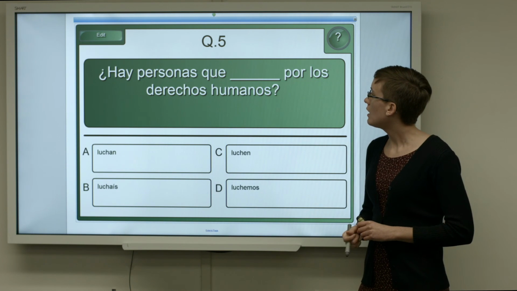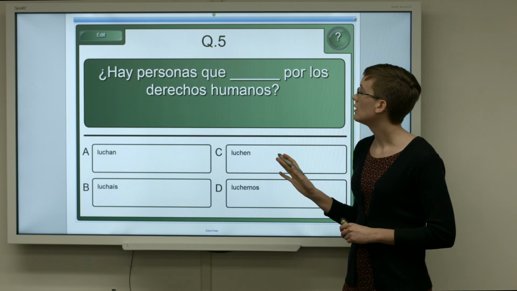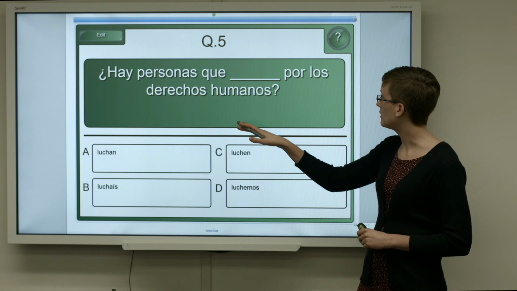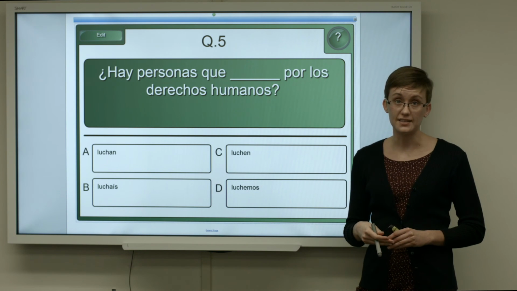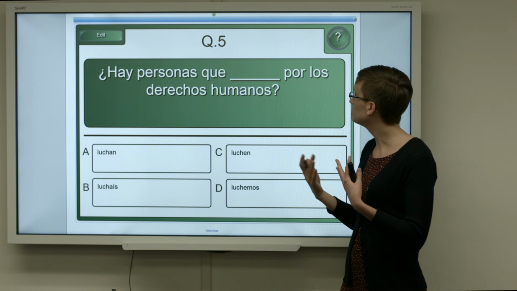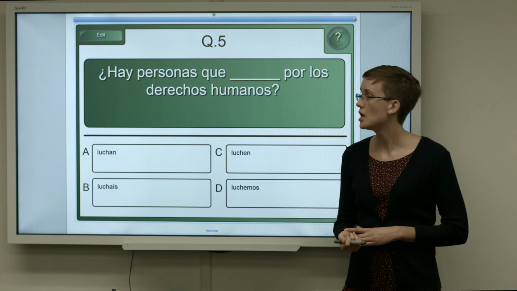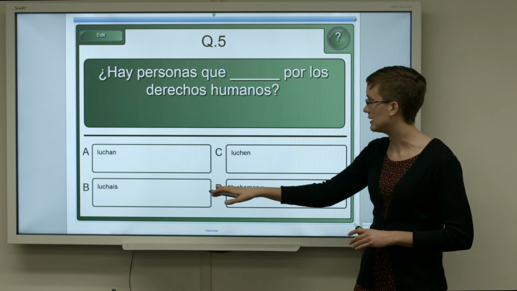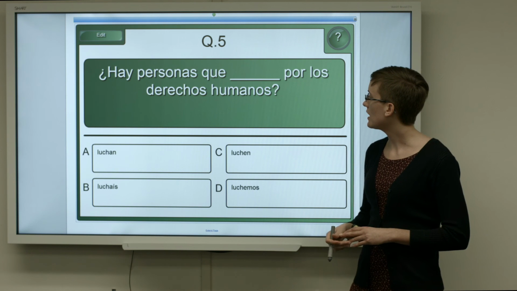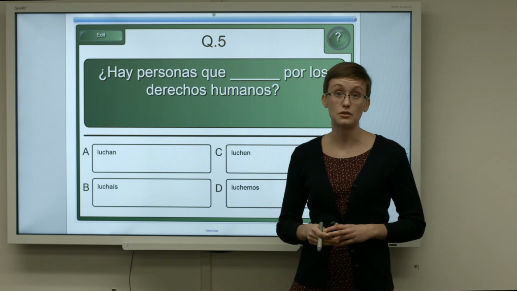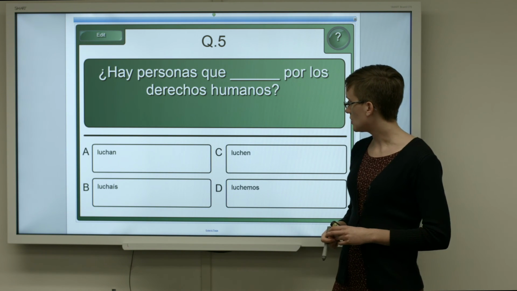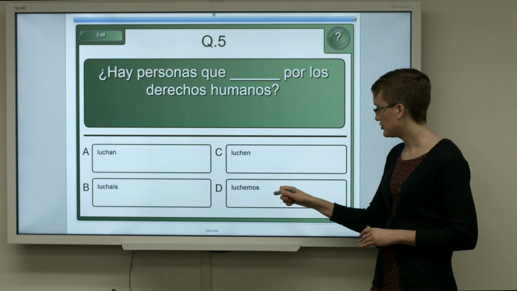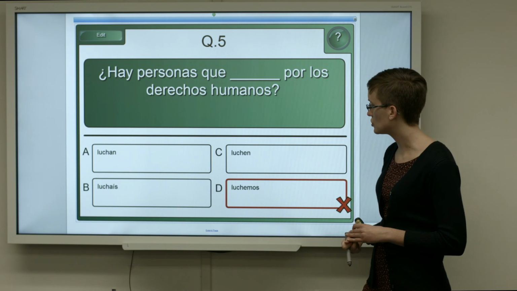Okay, next question. We are asking, are there people who fight for human rights? Hay personas que por los derechos humanos. We're working with the verb luchar, and we're talking about personas, that's third person plural. So we can immediately rule out luchemos, because that's nosotros.